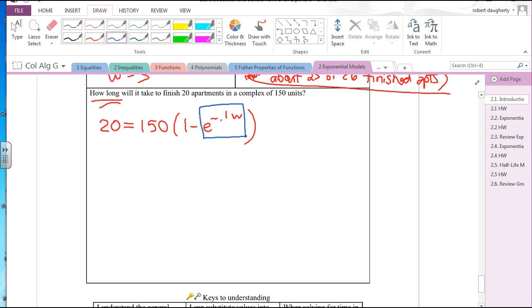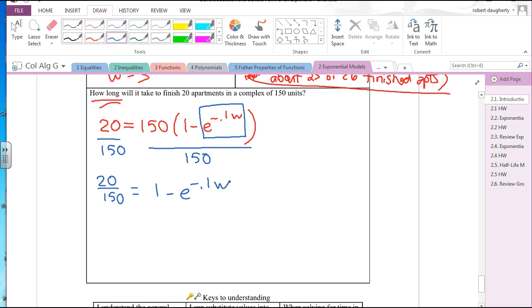Is it by itself? No. I got to get it by itself. What's the first thing I'm going to do? I'm going to divide by what? 150 on both sides. Now when I do that, I get 20 over 150 equal 1 minus e to the minus 0.1w, okay?